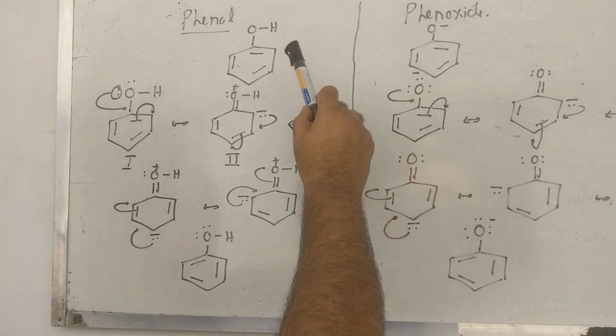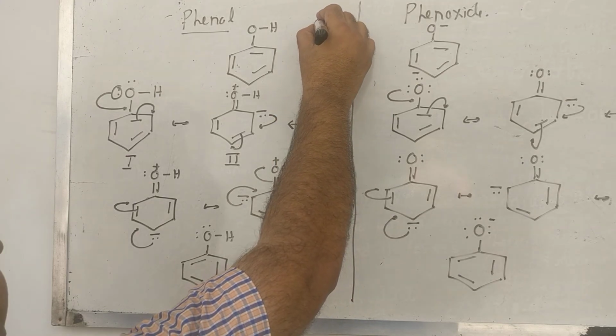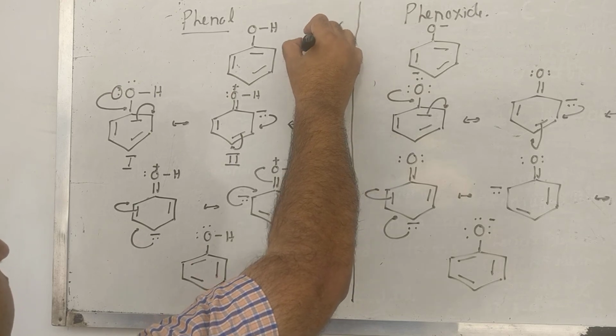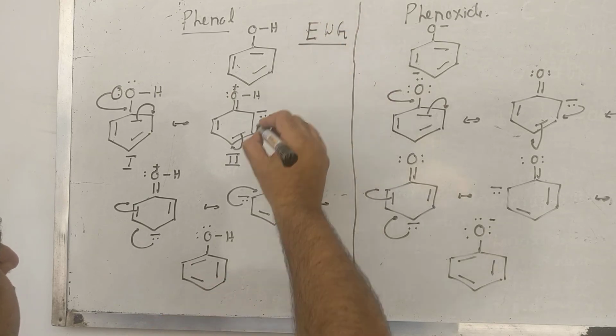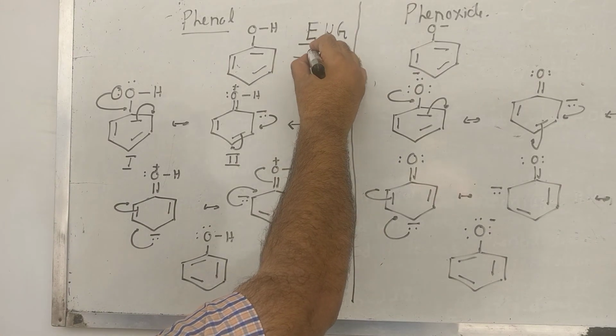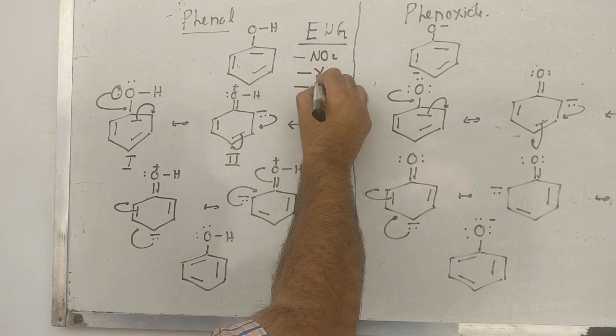Now it has been found that in phenol, if you put EWG, what does EWG stand for? Electron withdrawing groups, namely nitro group, namely halogen, namely CN group.